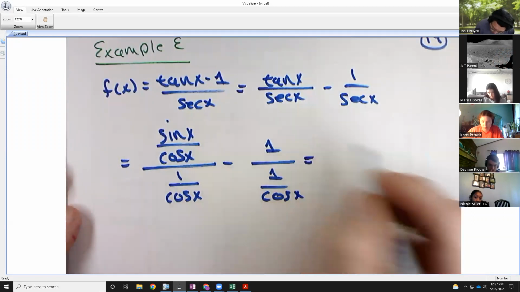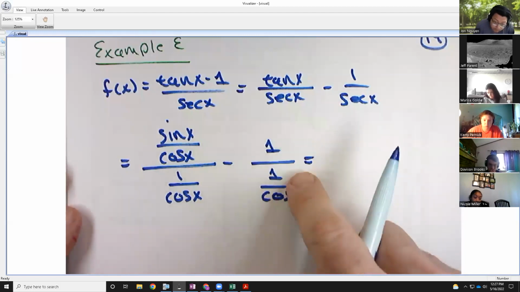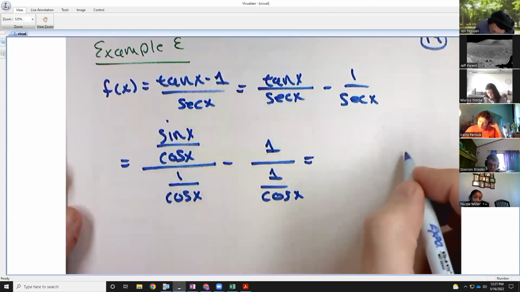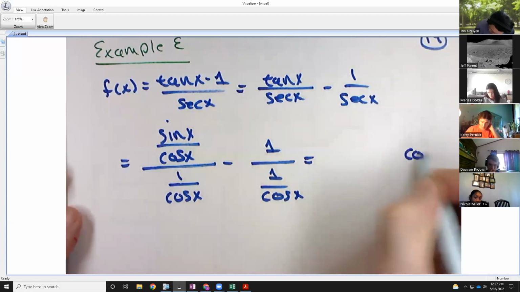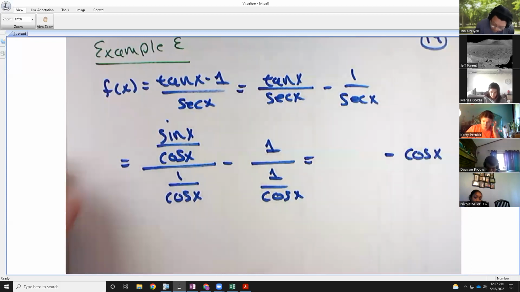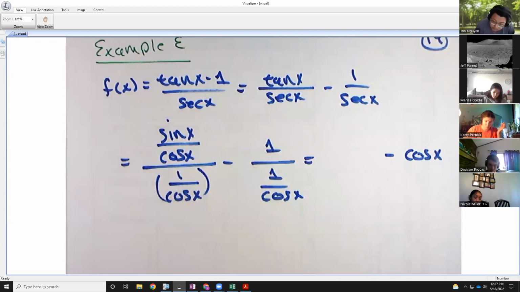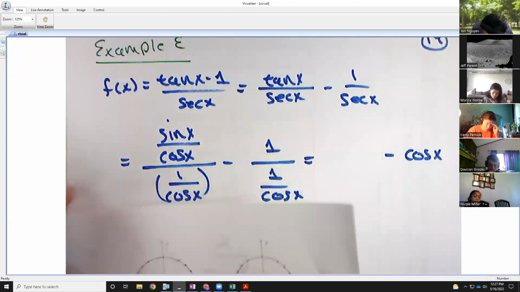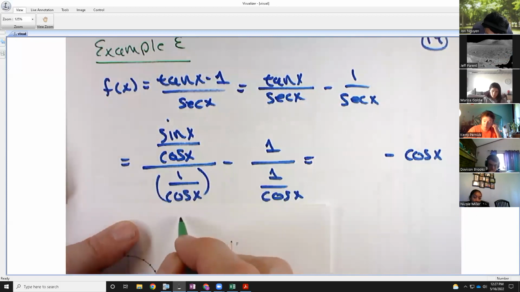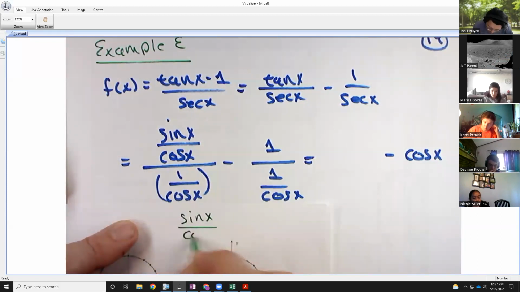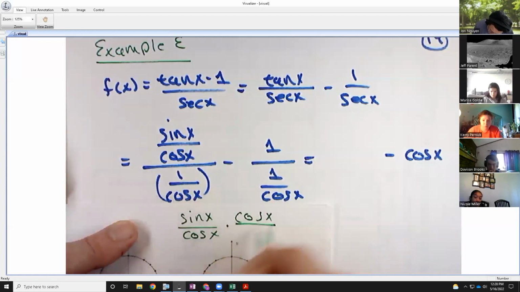Now let's simplify this. This is really reciprocal over reciprocal, so this over here is just cosine of x. And over here, when you divide by a fraction, the trick is to invert and multiply. But I'll give you a little shortcut. Here, I'll show you how it looks. Dividing by a fraction is the same as multiplying the numerator, sine of x over cosine of x, times the reciprocal of the denominator, cosine of x over 1.